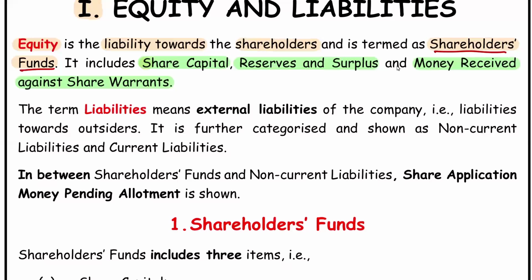Yes, sir. The term liabilities means external liabilities of the company. Very simple. If it is an external liability, it is a liability towards an outsider, a third party, like bank loan, creditors will be my liabilities.